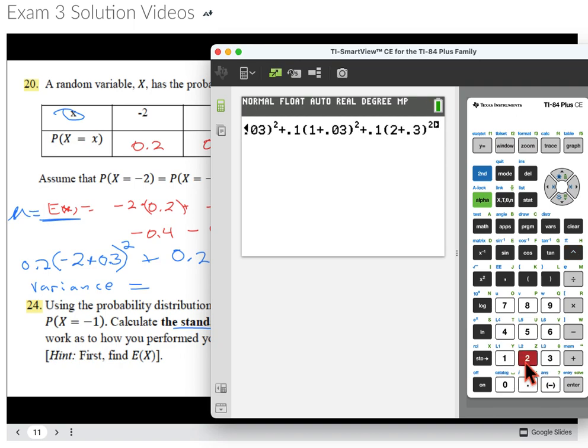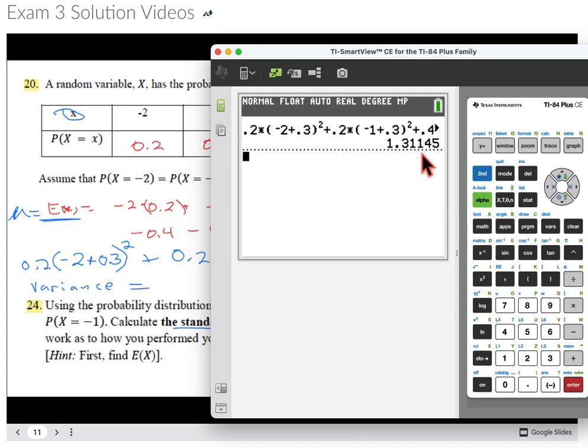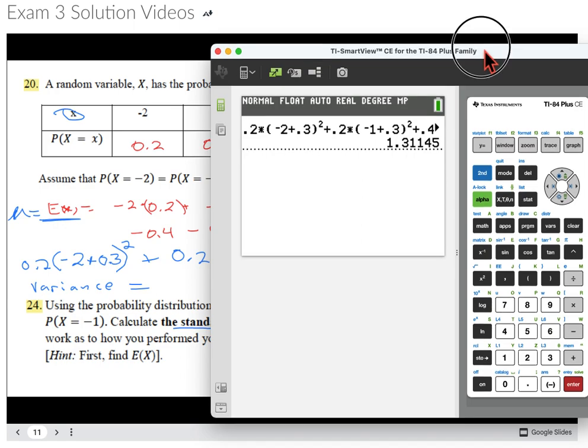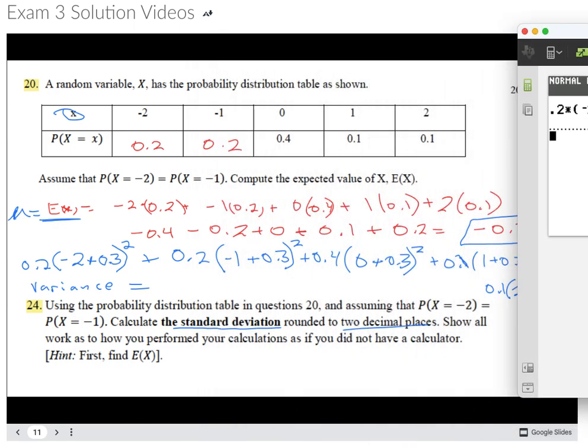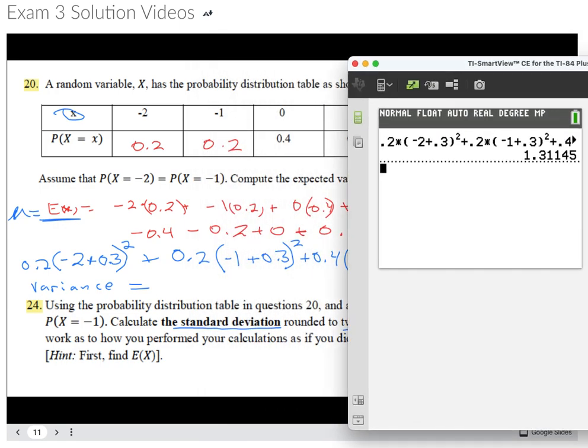And again, find your way. Remember, on the test, you don't get to check your answers. I forgot to put multiplication signs, but I think it should work, with implied multiplication with the parentheses. So that should give us our variance, which is 1.311. And they want how many? 2. Okay, so that's probably plenty good for the calculator. 1.311.